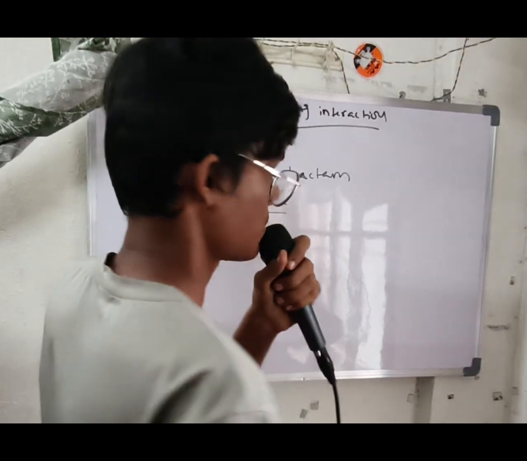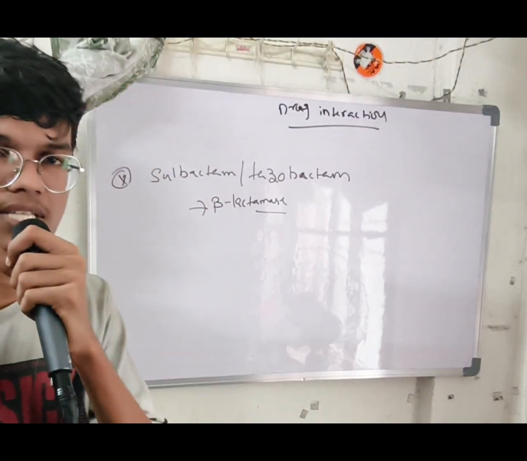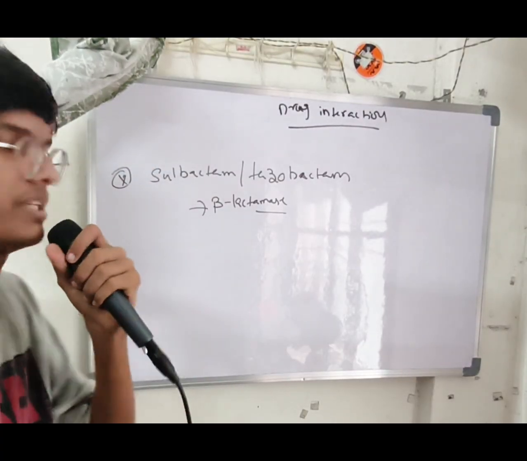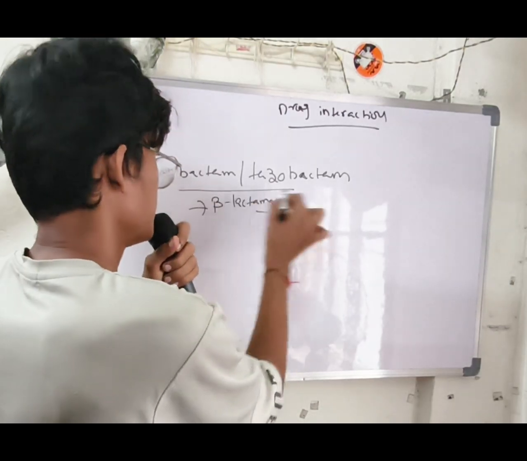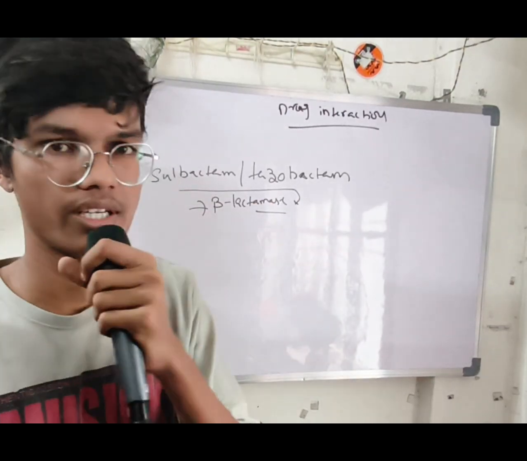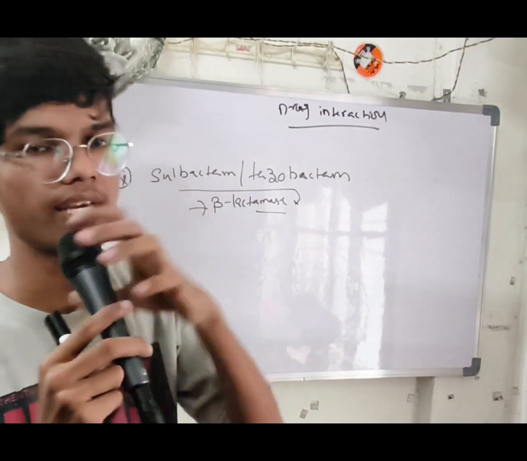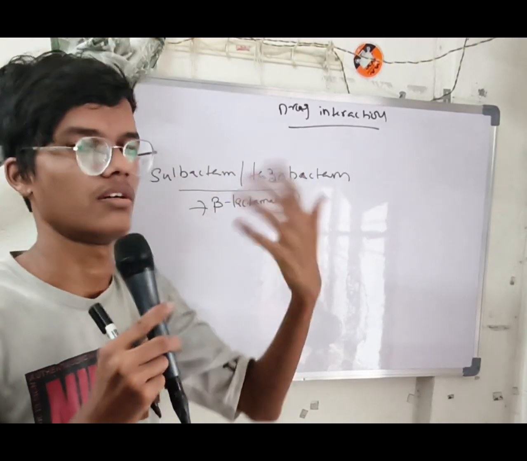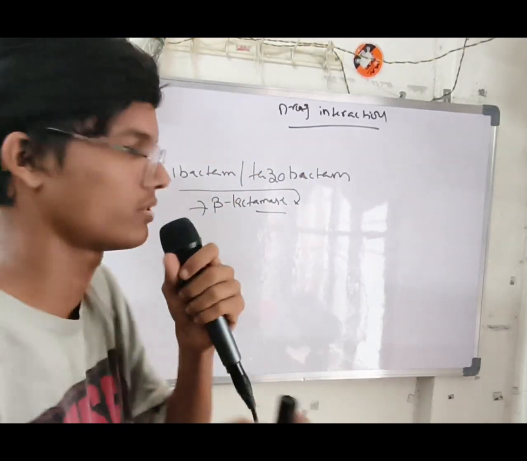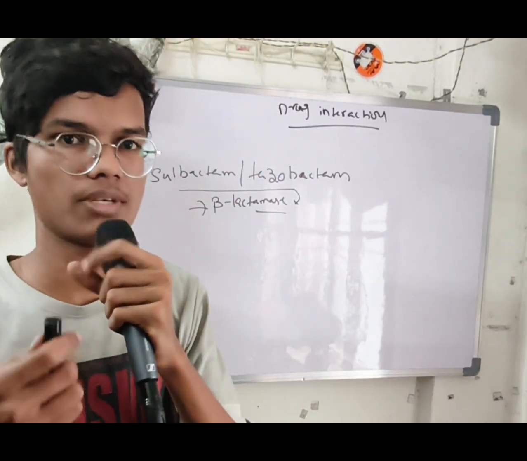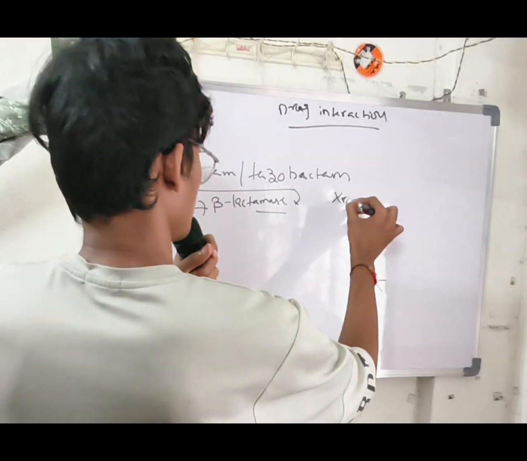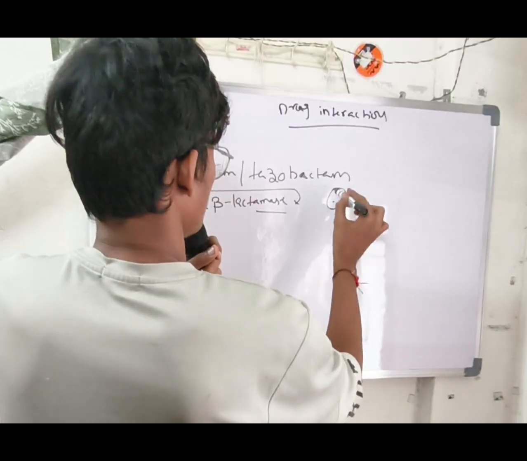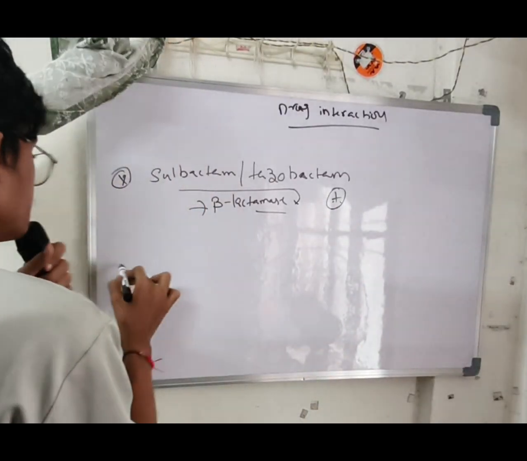Beta lactamase is produced by bacteria and cleaves the beta lactam ring of the drug. So sulbactam or tazobactam inhibit this beta lactamase, so that our drug, ceftriaxone, is protected and can take its action. To overcome antimicrobial resistance, we can use sulbactam or tazobactam. It gives a positive effect.